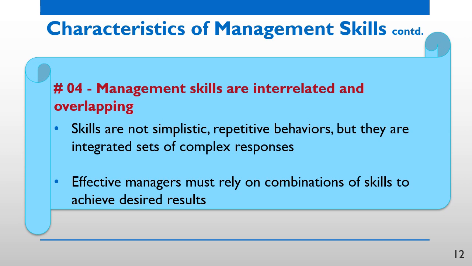It occurs as a result of an integrated set of complex responses. So skills are integrated or combined. That's what I said: communication skills, decision-making skills, and problem-solving skills are a combined set of complicated responses to a particular requirement.